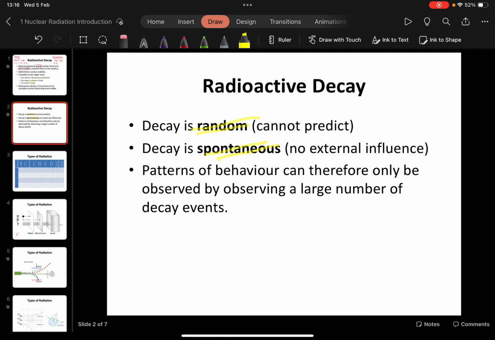If I roll the dice an infinite number of times, I'm likely to get, let's say, a 4 1 in 6 times. And we don't see that 1 in 6 probability, or that 1 in 2 probability for flicking a coin, until we observe a very large number, i.e. close to an infinite number of events.